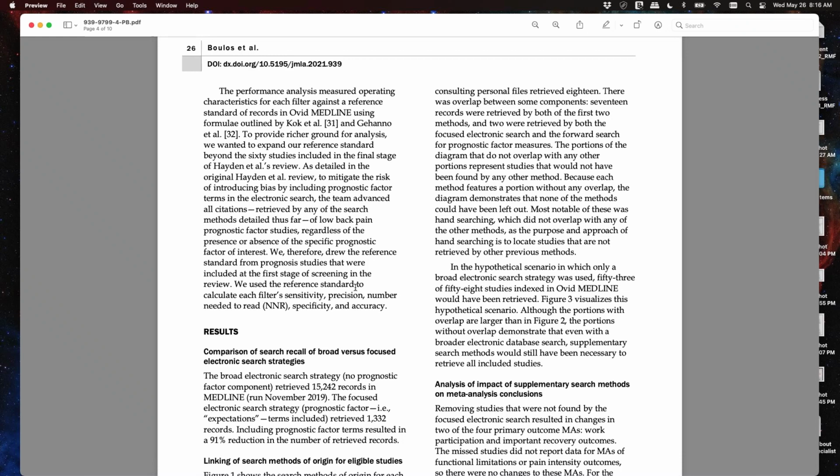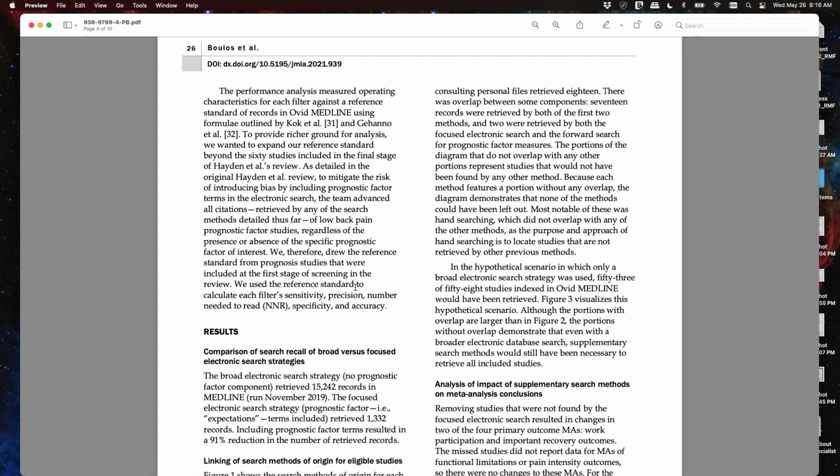And I think what is worth mentioning is that they didn't only use the 60 finally included studies in the Hayden review as a reference set for that, but they said they wanted to be more inclusive.